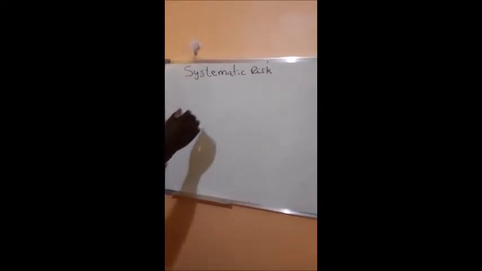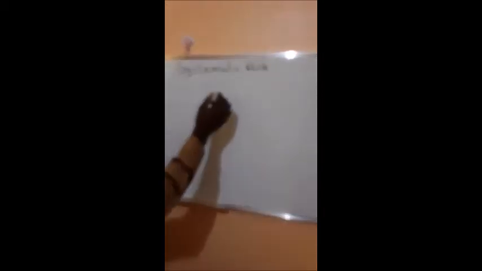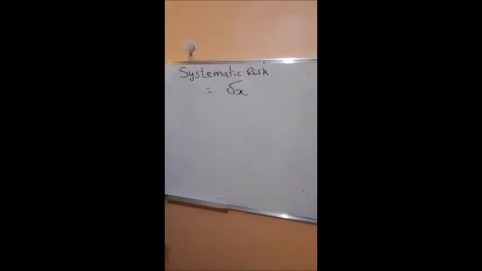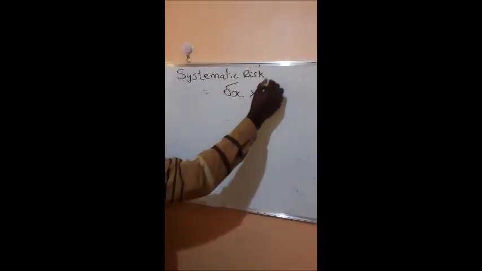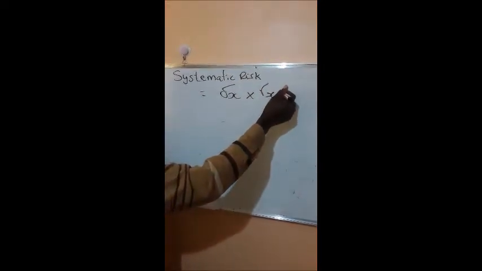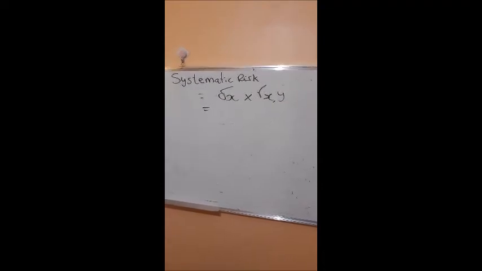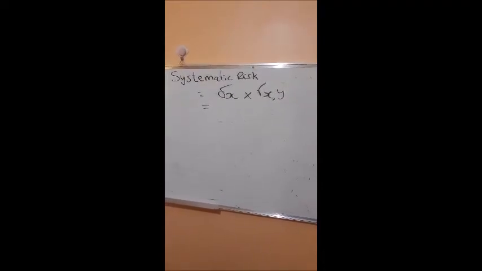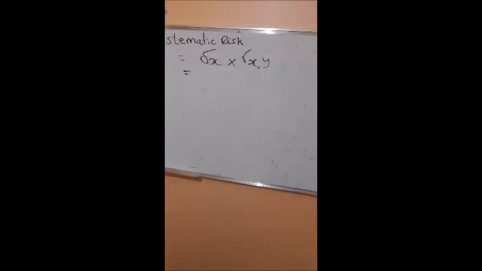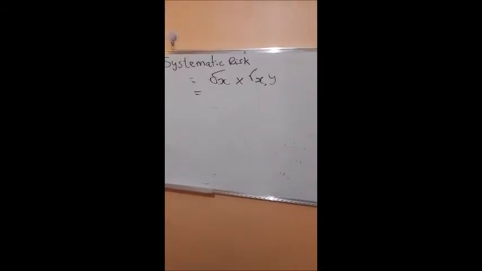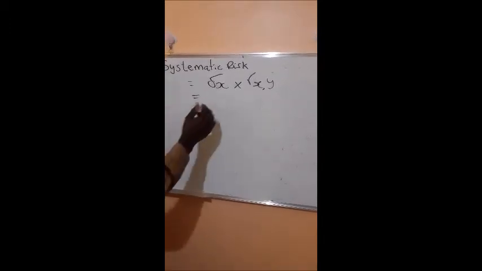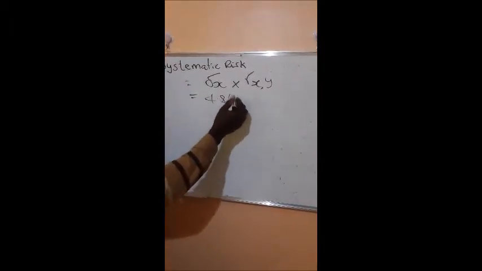Now the systematic risk is obtained by multiplying the standard deviation of individual shares. So in our example, we are using individual share X. Sigma X, which is the standard deviation of share X, multiplied by the correlation between the returns of X and the returns of Y. As we are using the same example we did earlier, the standard deviation of X was 4.86%.